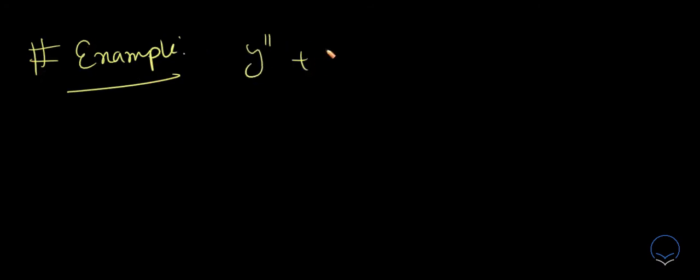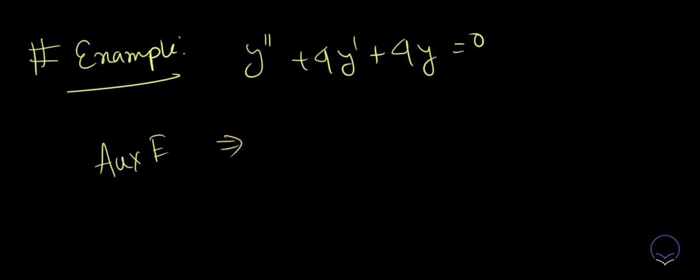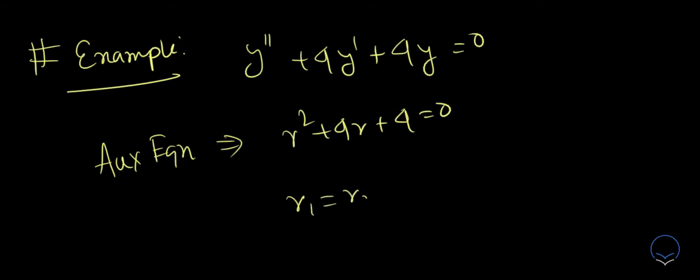So let's see a very short numerical example. Our equation is y double prime plus 4y prime plus 4y equals 0, right? And what is the auxiliary equation? The auxiliary equation is r squared plus 4r plus 4 equals 0, and it has two roots, r1 equals r2 equals minus 2.